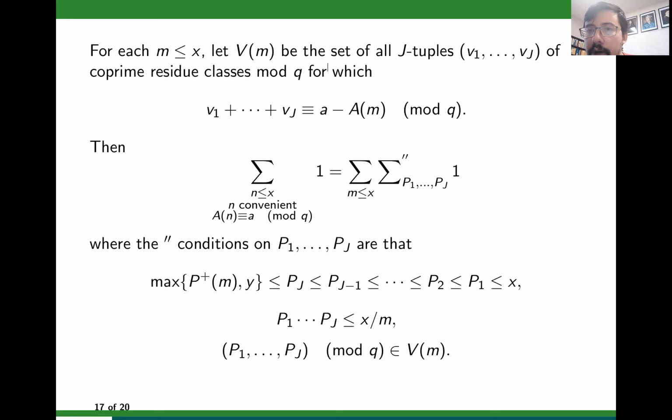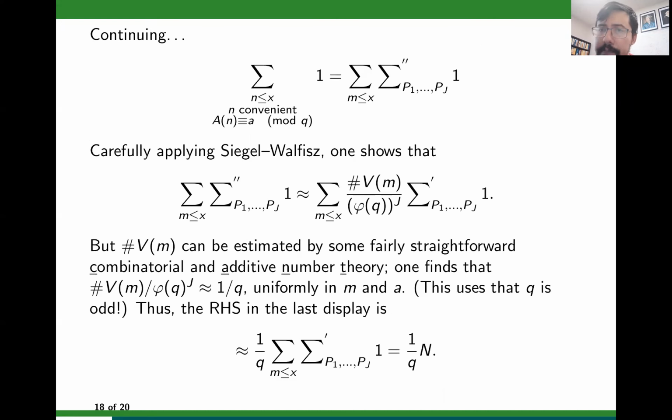V of m is all the j-tuples of coprime residue classes modulo q which sum to my target, little a minus capital A of m. Okay, so I've rewritten the numerator in a way that looks a lot like the denominator, except my condition on the sum is a double prime condition instead of a prime condition, with this extra restriction on p1 through pj mod q. That tuple has to lie in this set of coprime tuples V of m.